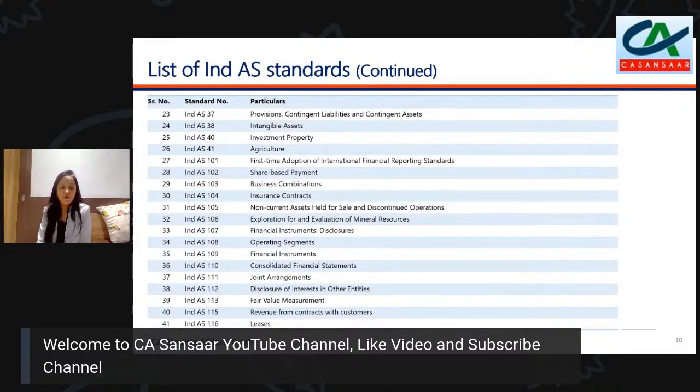Then you have Ind AS 115 and 116. As I previously discussed, these standards have replaced the old revenue standard and the old leases standard. Under Ind AS 115, which is the revenue standard, they have given a 5-step model. Based on this 5-step model, you have to decide what the revenue recognition should be for a particular company.